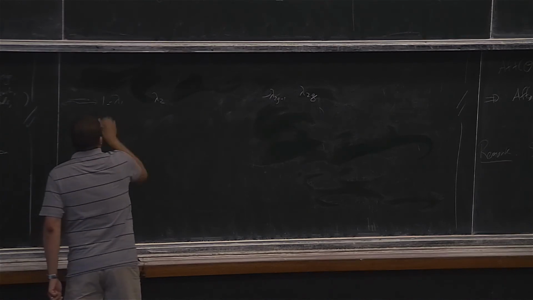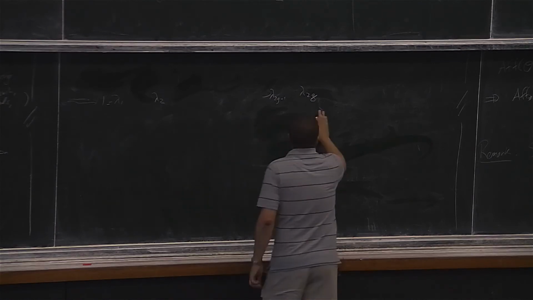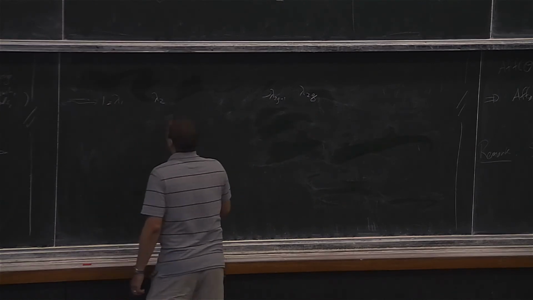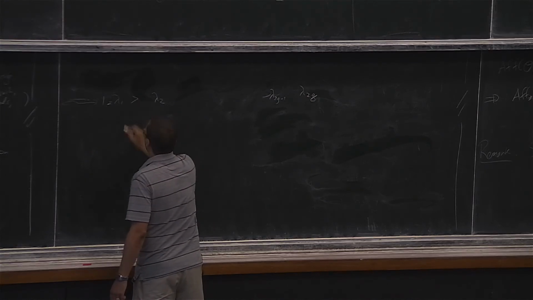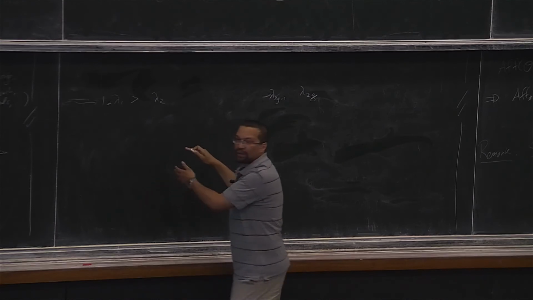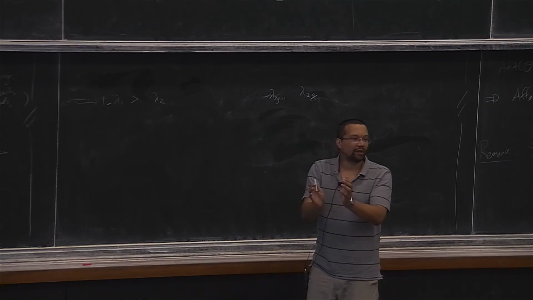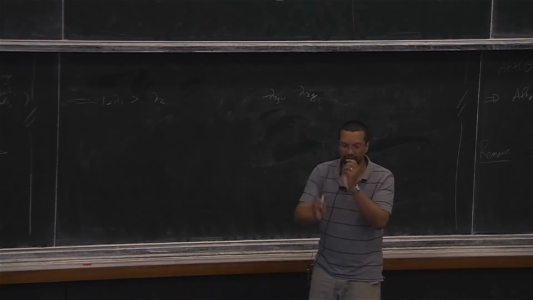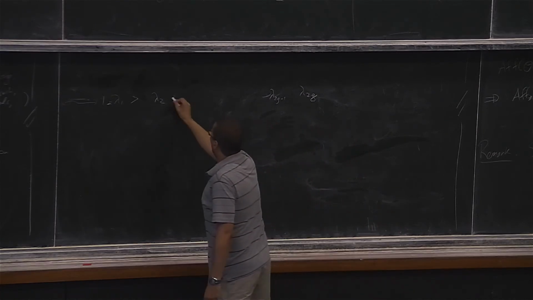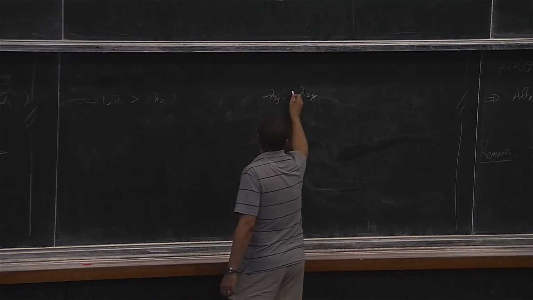Actually, the fact that I normalized my sequence in this way implies that lambda 1 is 1. Another thing is that it's known that this inequality is always strict. This is that thing that I was mentioning, that in H10 the strength of the matrix is less than the other. But in general, there are inequalities here between these numbers.